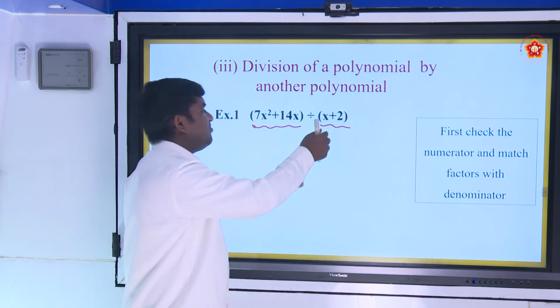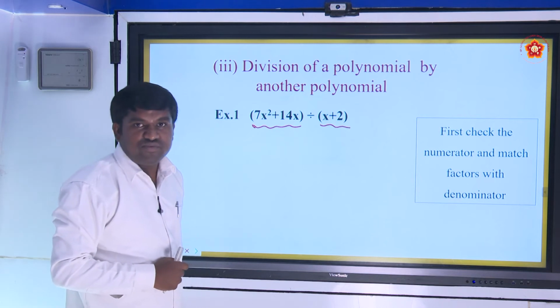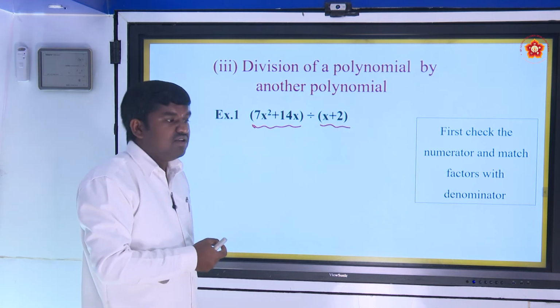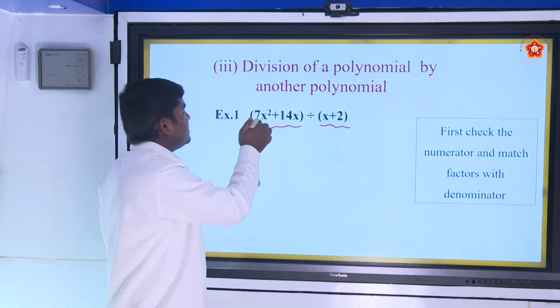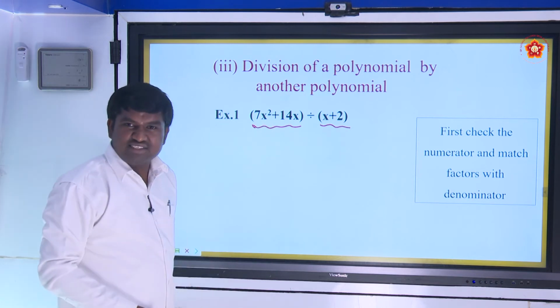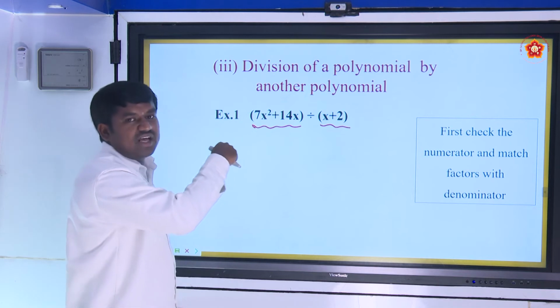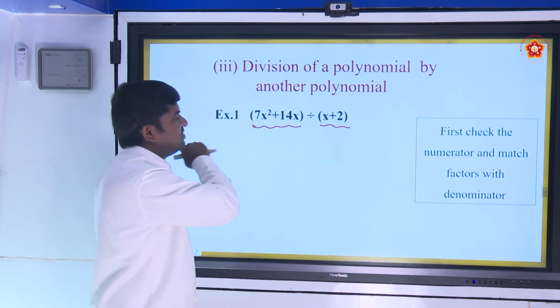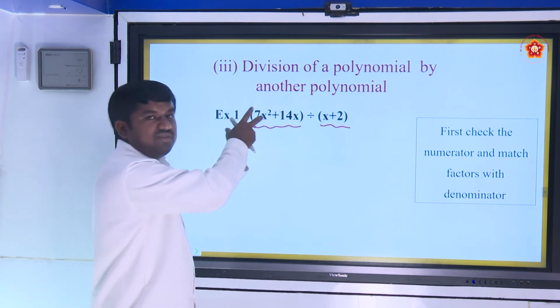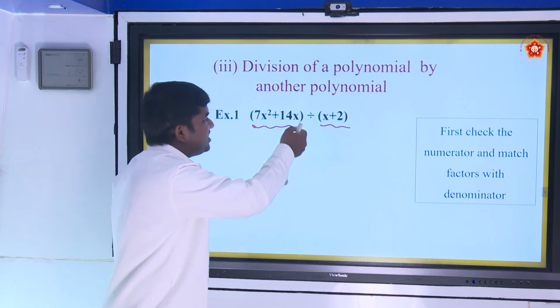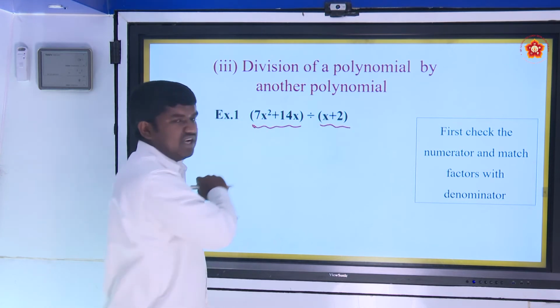In the denominator we have the factor x plus 2. In the numerator 7x square plus 14x is there. So try to match this factor in the denominator. We can write this in factor form and try to match the factors with the denominator.